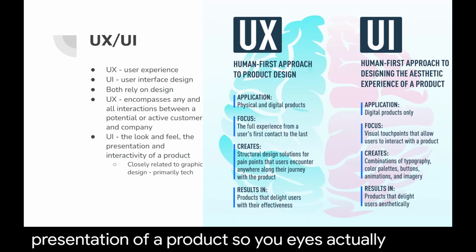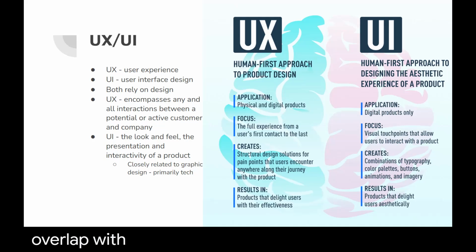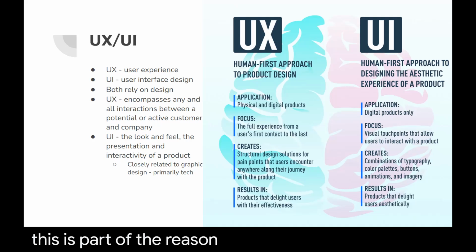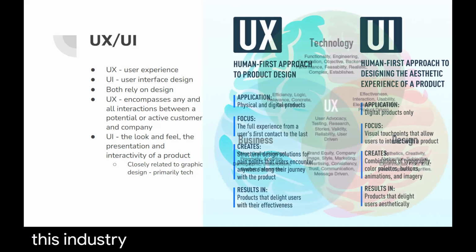So UI is actually more closely related to graphic design, and it has a lot of overlap within the tech world with graphic design. And in fact, many graphic designers are really finding that UI and even UX jobs are more readily available. So this is part of the reason that I want us to discuss UX and UI within advertising, because there are a lot of growing jobs within this industry.